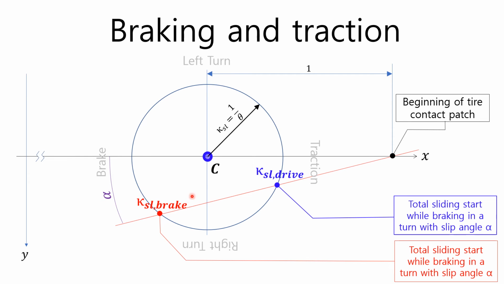In this case, the point in the leading half is the one where total sliding occurs during the traction, and the other one in the trailing half is the one where total sliding occurs during braking.